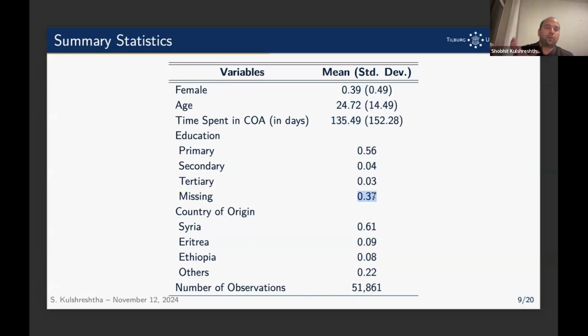So for the people in the working age group, I mostly know their education. 56% of them have just primary education, and very few have secondary and tertiary education. A majority of them are Syrians, 60%, mainly because this time period coincides with the Syrian civil war, so that's the major population in my data set.